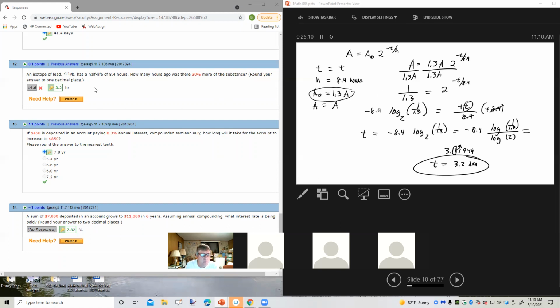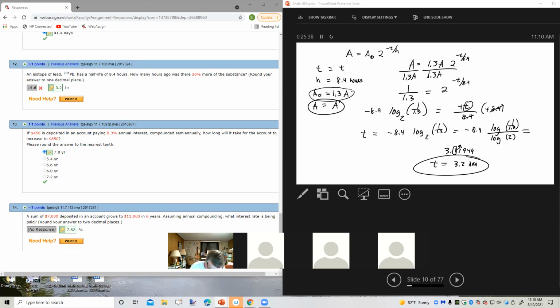So this particular problem, which is number 12 in 11.7, is going backwards. We don't know the final amount, but the final amount we're saying is A. How many hours ago was there 30% more of the substance? So going into the past, we had 30% more than what we've got now.